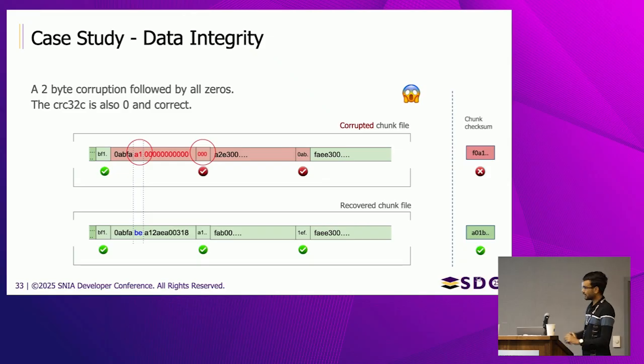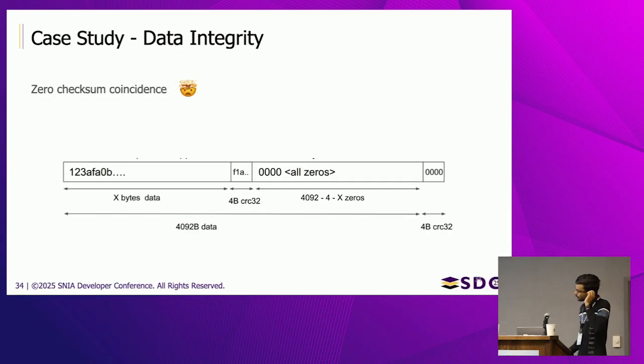So we decided to dig deep into how our CRC32C, which is a pretty standard checksum algorithm, is getting beaten, and how corruption can happen in this format where the CRC32Cs are exactly matching. We figured out there is a weird pattern in CRC32C.